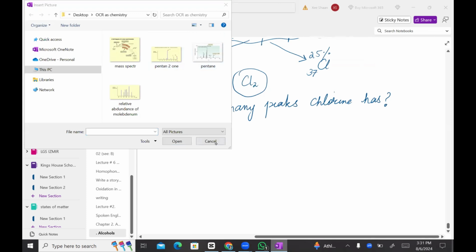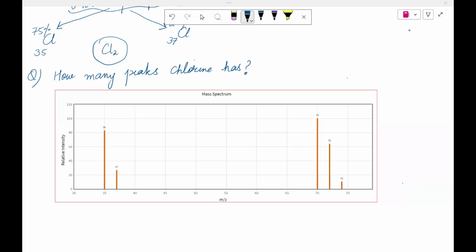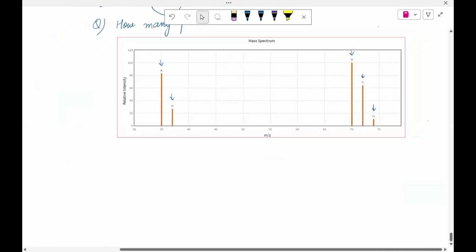Right now, I'm not having the peaks of chlorine. Let me find it. So you can see that the chlorine molecule is having five peaks: one, two, three, four, and five. You can see that this is very unusual. Why is it having five peaks?